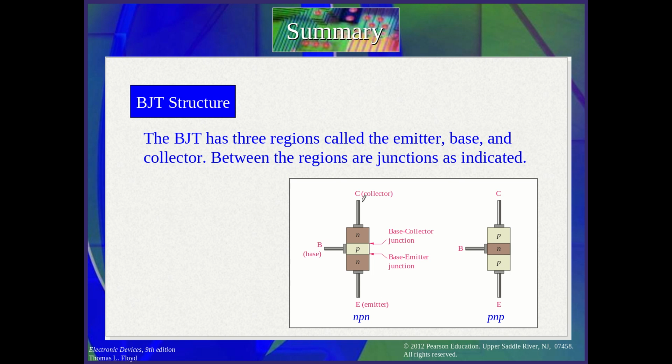The emitter is heavily doped, but is not very large. The largest area is the collector, and it is moderately doped. So the collector is the largest area, the thin area is the base, and the in-between medium area is the emitter.